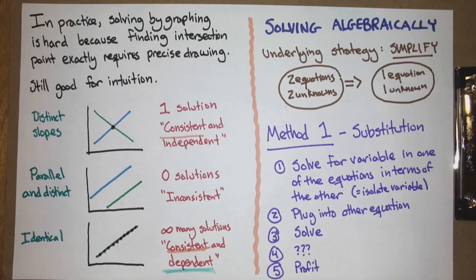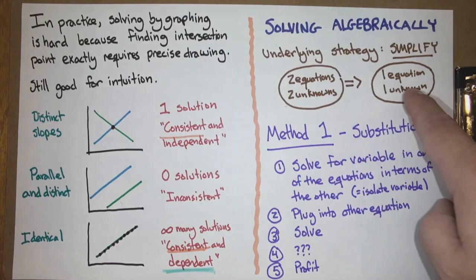Well, we want to solve. And so our goal is let's figure out a way to solve this, and we're going to solve these algebraically. And we're going to talk about two methods. So, method one, substitution. Well, what's going on?